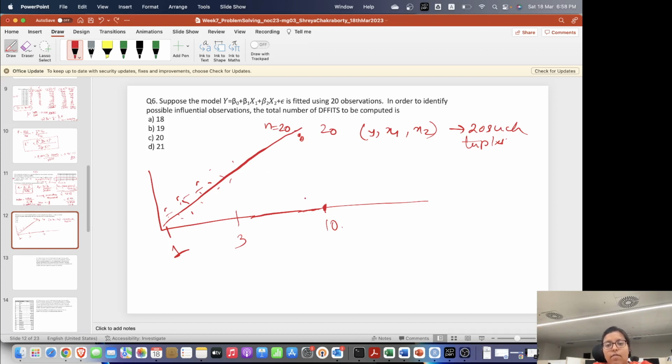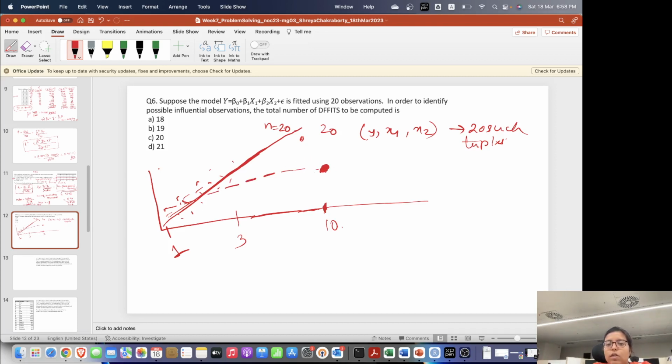But if I have something very odd in x or very odd in y, such that if this is the true regression line, the pattern altogether is changed. Like if we have something like this, then this line in the presence of this one will become deflated. They will change the regression line.